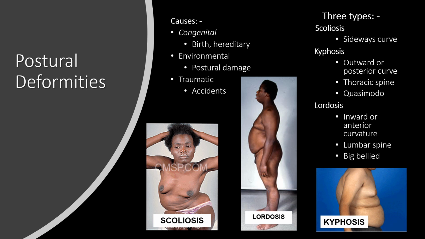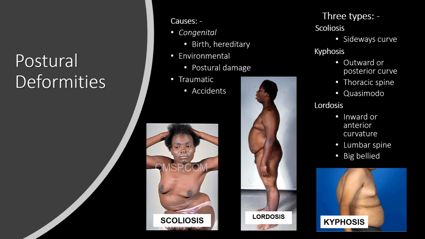Now, lordosis is not so easy to see. This chap on the left looks as though he's just got a big belly and a hollow back. But what happens here is in the lumbar spine, which is again another L, so the lumbar spine is related to the lordosis. And this is an anterior curvature of the spinal column.